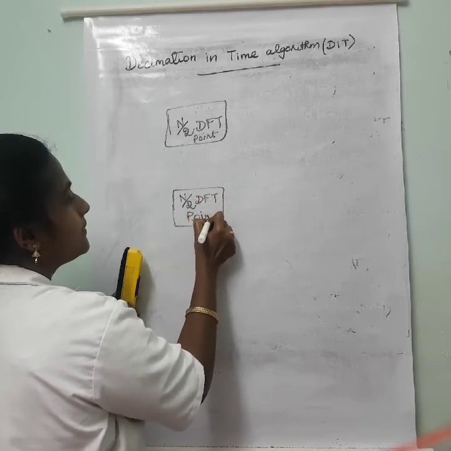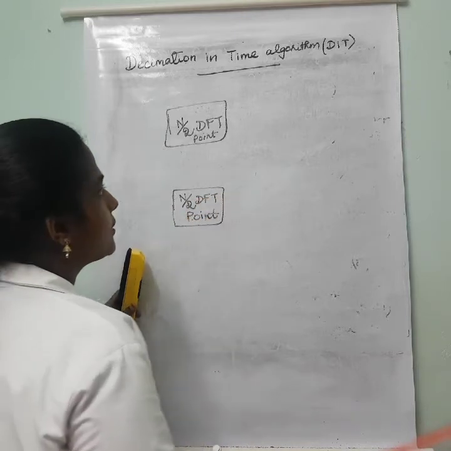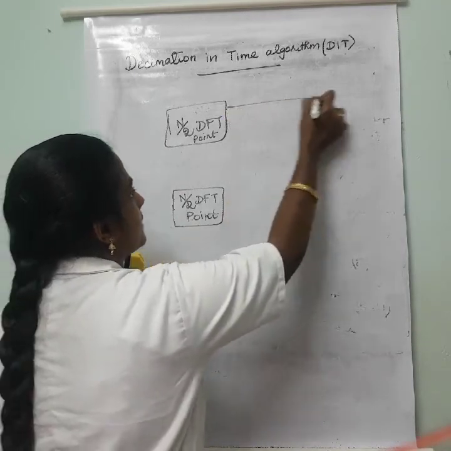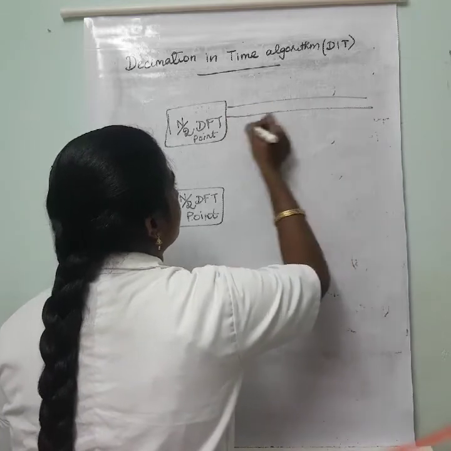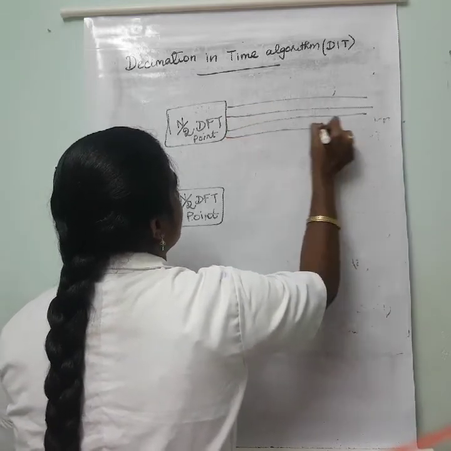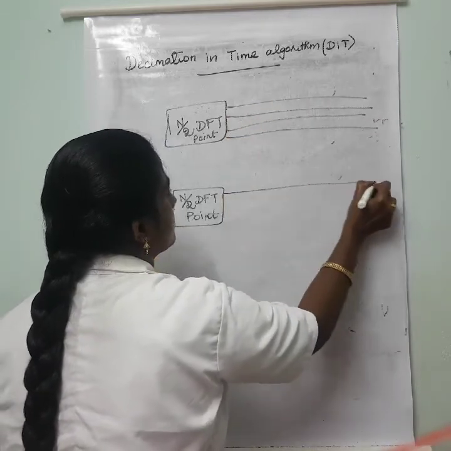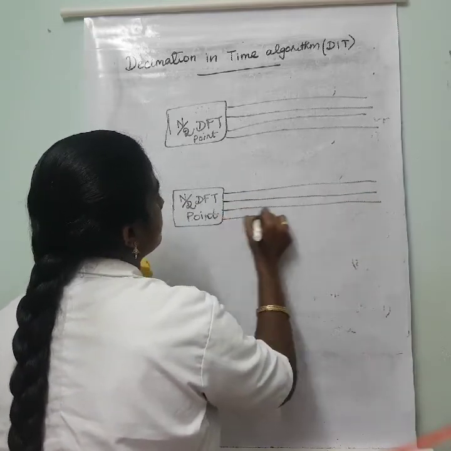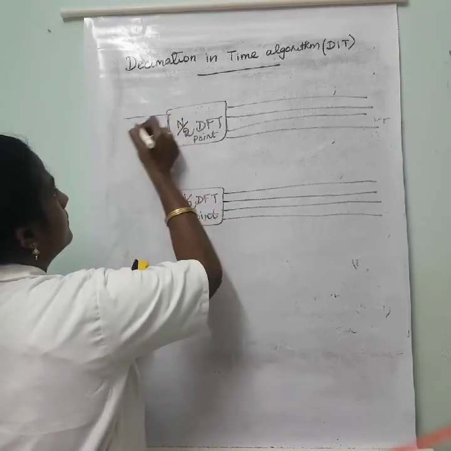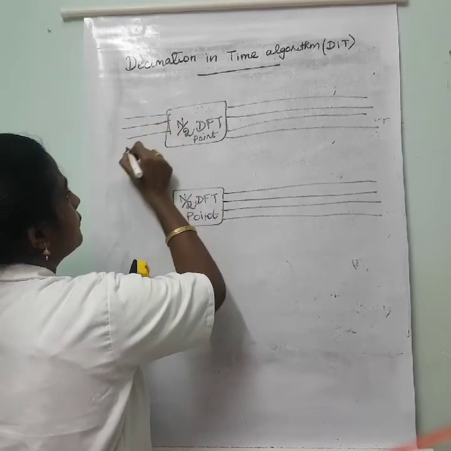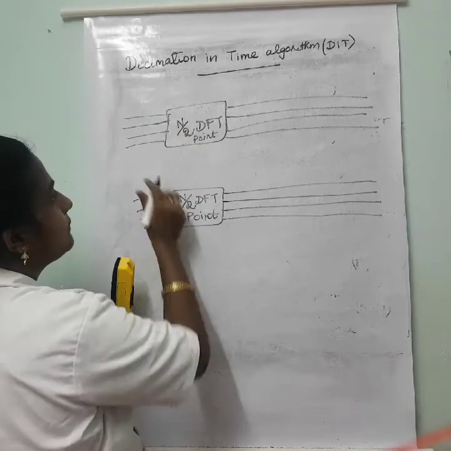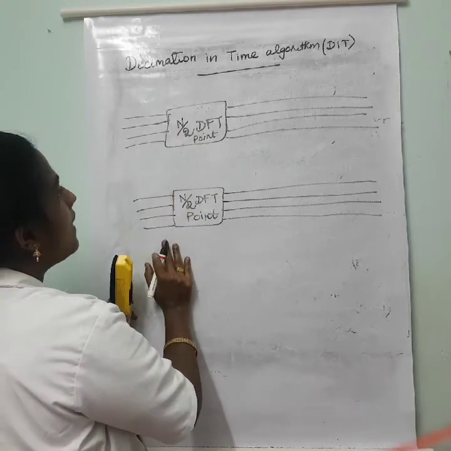Totally we have 8, that is n is equal to 8, so we have to draw 8 lines. The first part consists of 4 lines and the second part also should consist of 4 lines, like this way, 4 lines. This is the even part, this is the odd part.